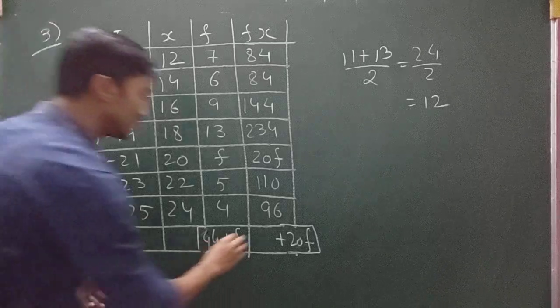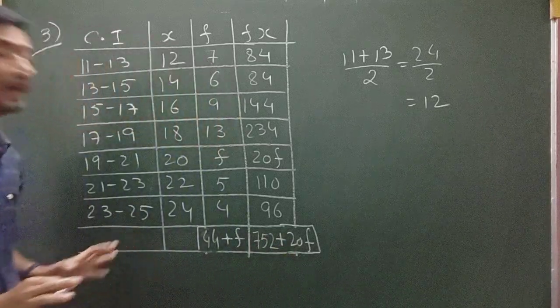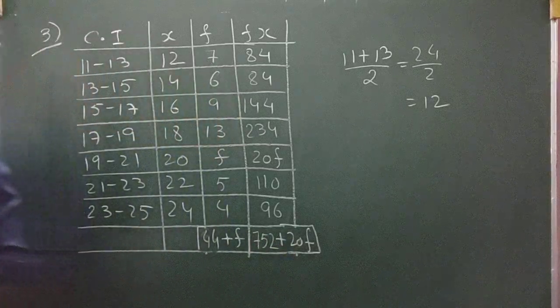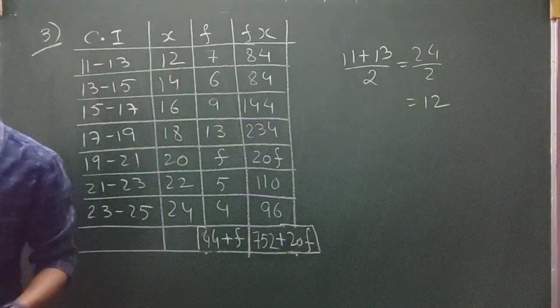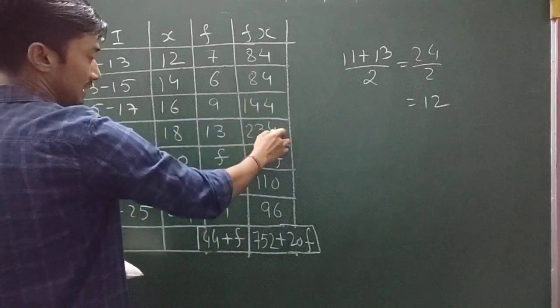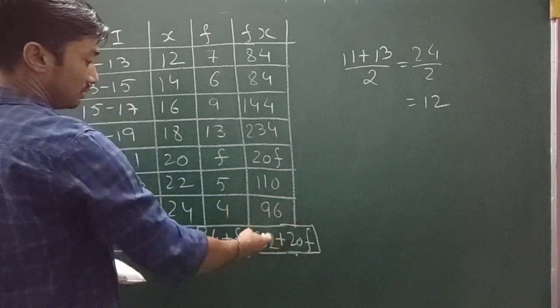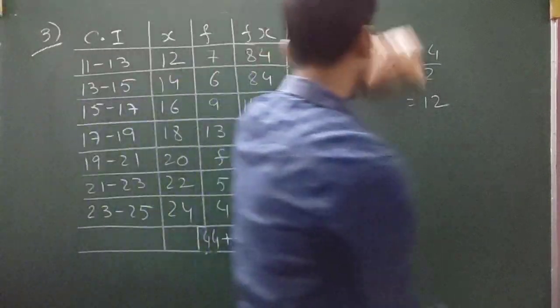It's 752. So that's what we have so far. We are stuck with the value of F because that's what we are supposed to calculate here. That's fine, correct. Okay, alright.